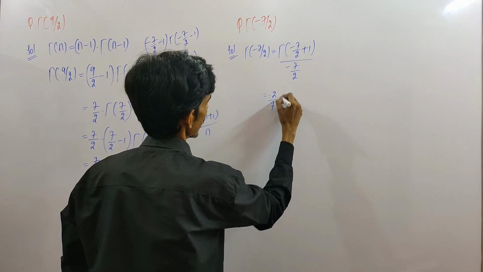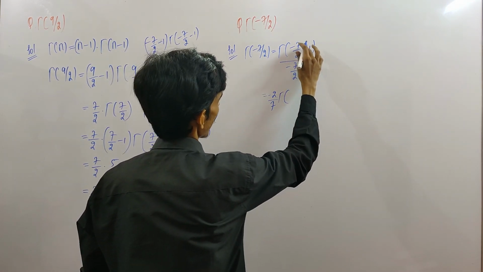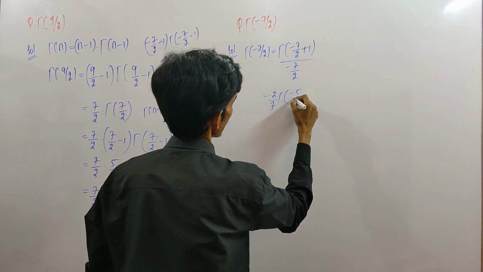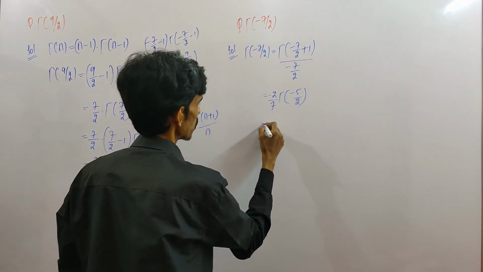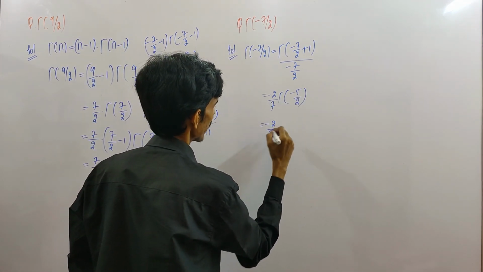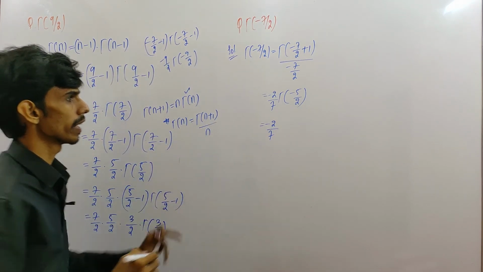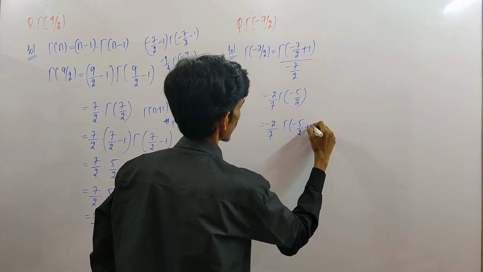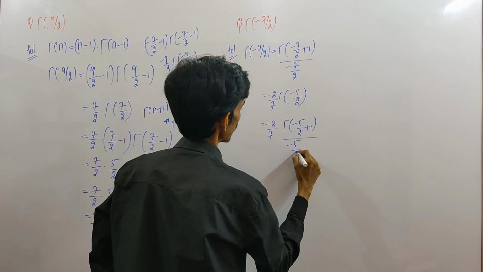minus 2 by 7 into gamma of, 2 ones are 2. Minus 7 plus 2 we have minus 5, minus 5 divided by 2. That is equal to minus 2 divided by 7. Again gamma of n is gamma of n plus 1 by n. So we have gamma of minus 5 by 2 plus 1 divided by minus 5 by 2.